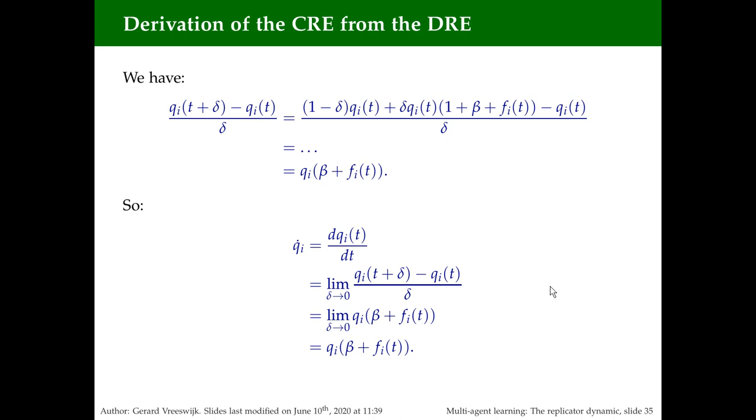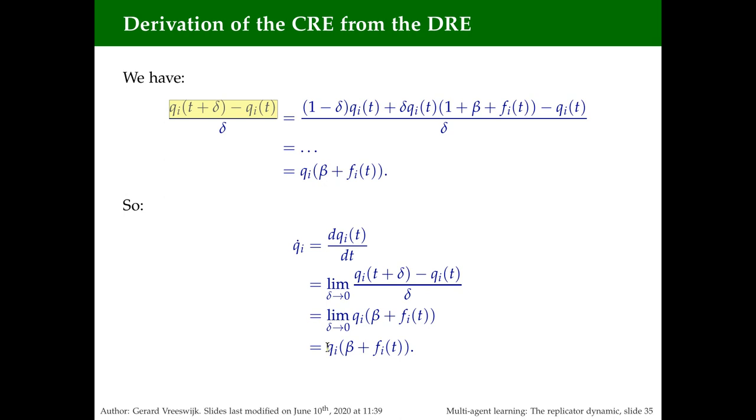So these slides amount to the derivation of the continuous replicator equation from the discrete replicator equation. This is a limit argument, so the change in the proportions is the derivative with respect to delta, and then letting delta go to 0.